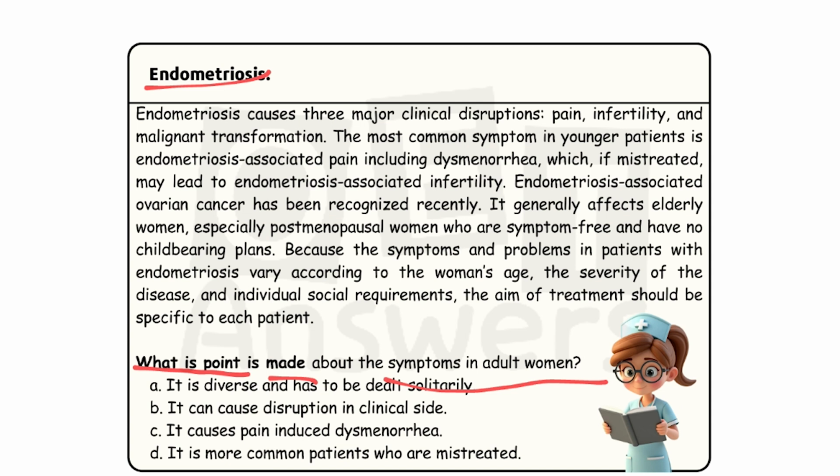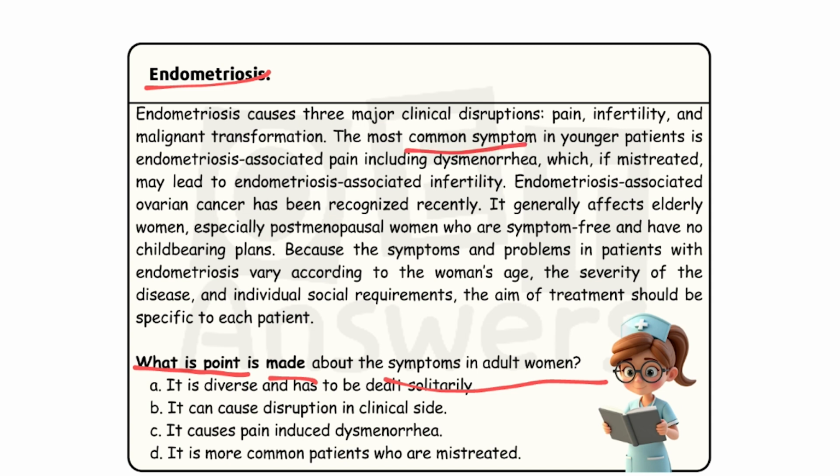Let's start. Endometriosis causes three major clinical disruptions. They are pain, infertility, and malignant transformation. The most common symptom in younger patients is endometriosis associated pain, including dysmenorrhea.